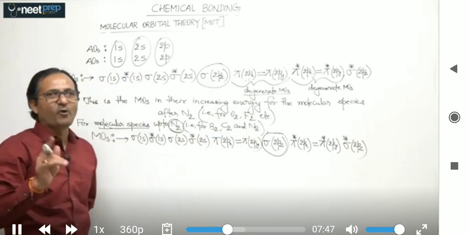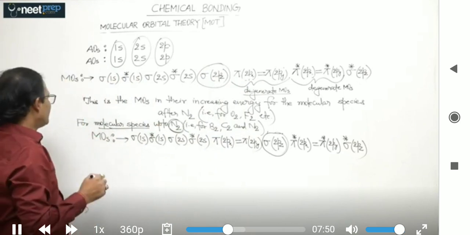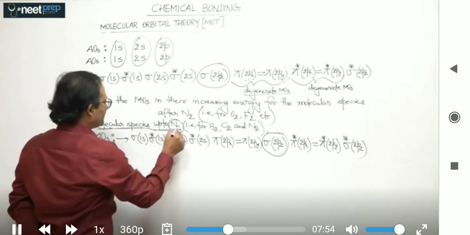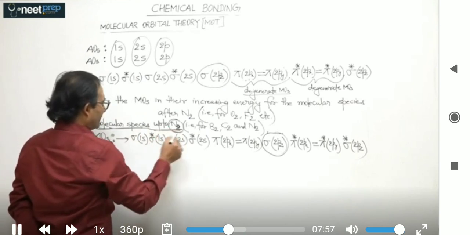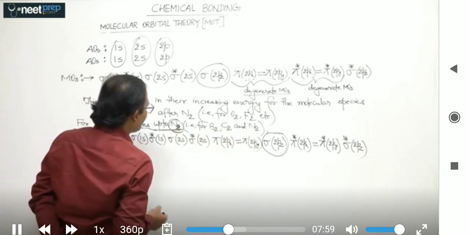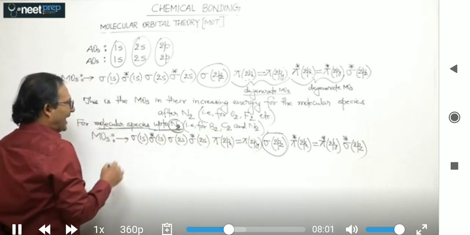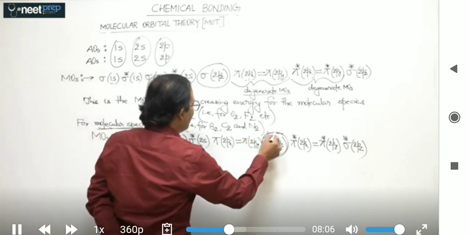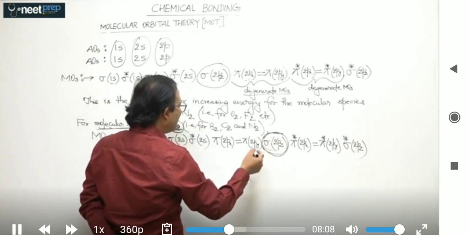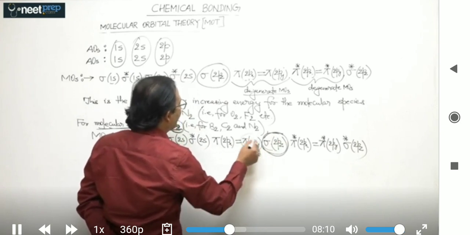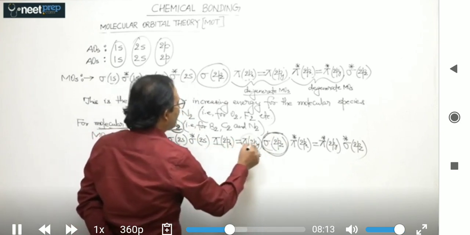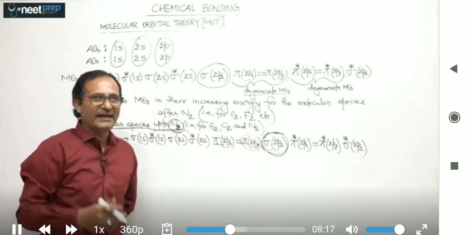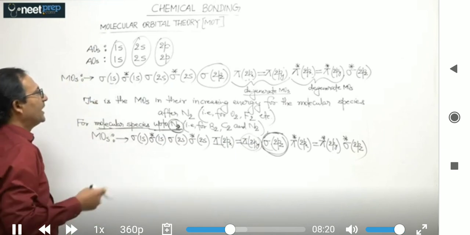So remember this point. For B2, C2 and N2, the energy of sigma 2p becomes higher than the energy of pi 2p, and this is due to sp mixing.